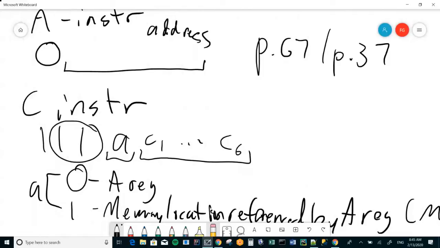So it's not really giving the game away to say we can take those 6 bits and feed them straight into the ALU. I want you to look carefully at both of those charts, page 67 and page 37, to understand why you can do that. But in fact, you can.